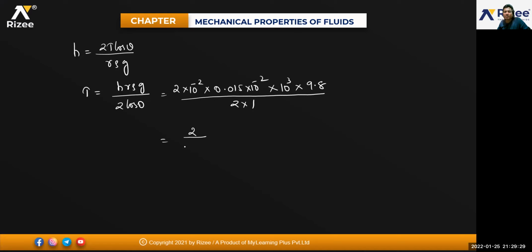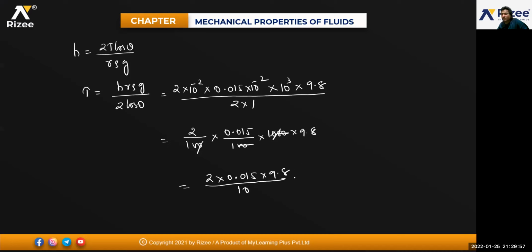So it is 2 divided by 100 into 0.015 divided by 100 into 1000 into 9.8. The two zeros get cancelled. So it is 2 into 0.015 into 9.8, divided by 10.